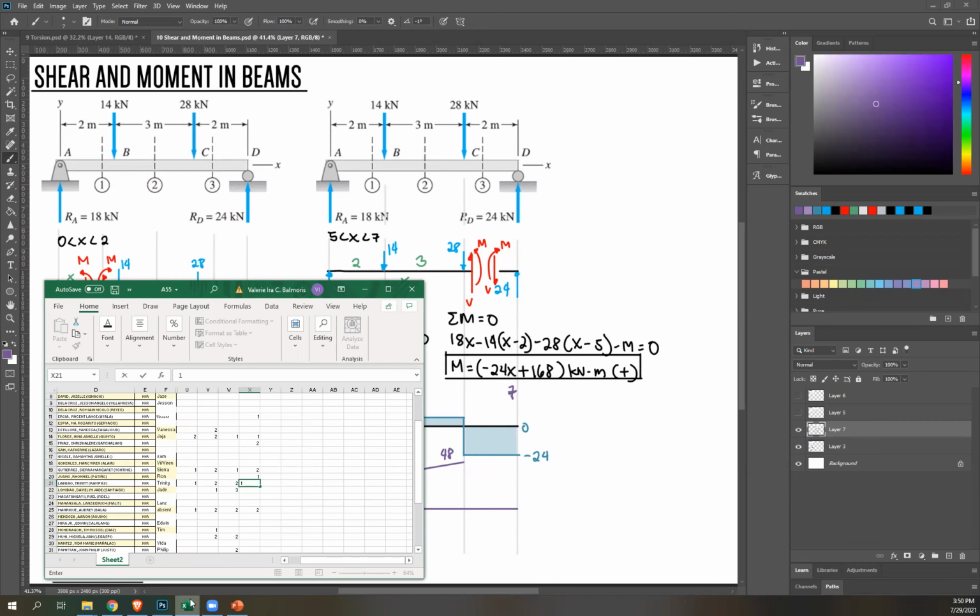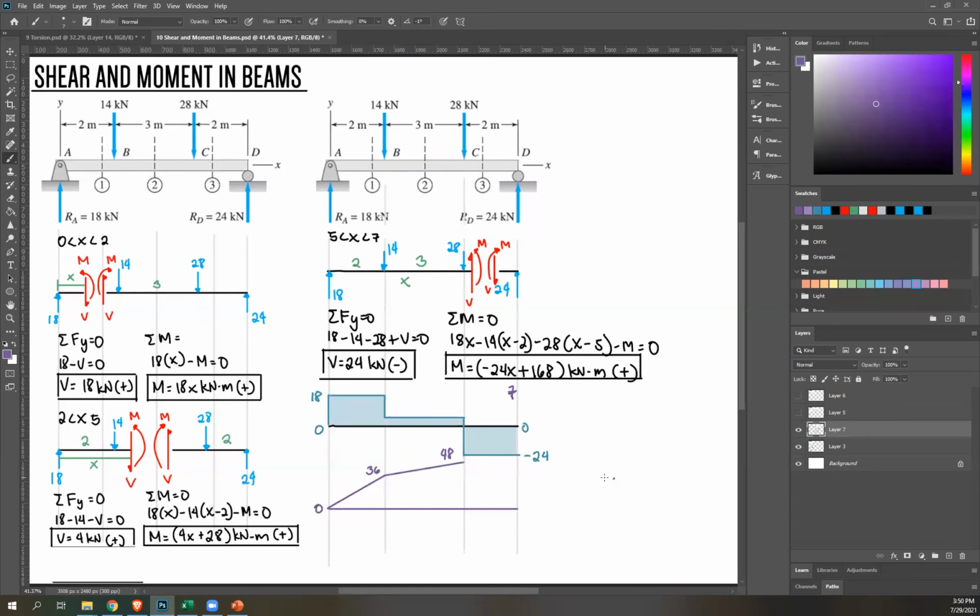Correct, Nina Torres. 0. So 24 times 7 is also 168. So this becomes 0. And that's how you draw your moment diagram if we're only using equations. So that's the example for shear and moment equation and then creating a diagram out of that.